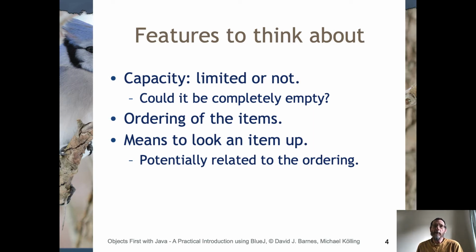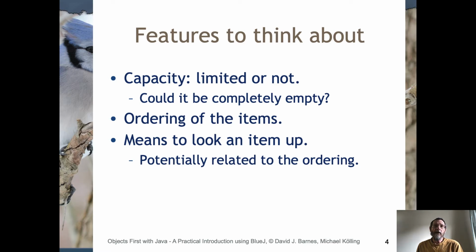Another feature to think about is whether the items are ordered in some way. For instance, are they ordered alphabetically? Or in something like a contacts list in a phone, are they ordered in such a way that the people that I call or call me are nearer to the top of the list because they'll be quicker to find?